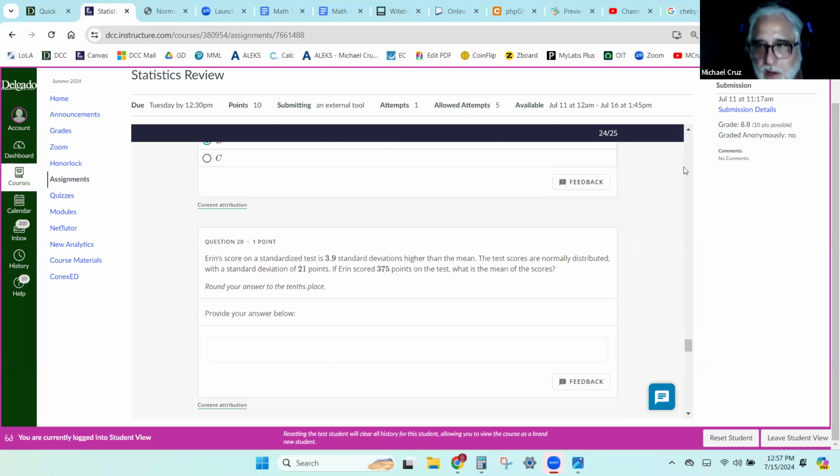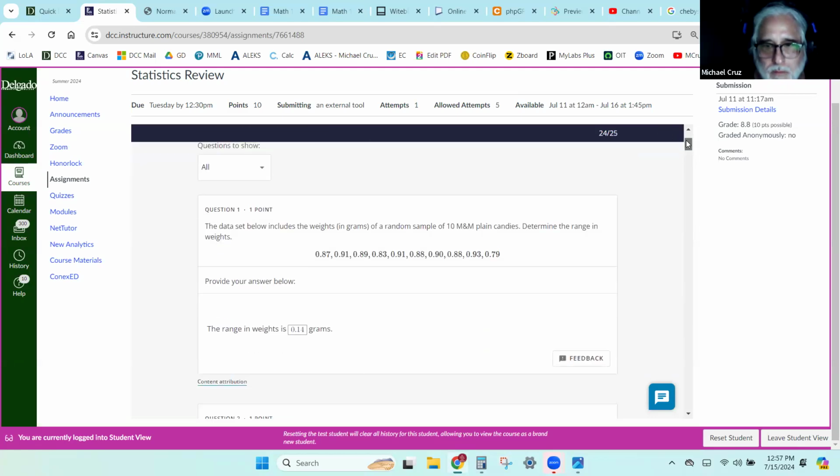But I'll go back to the top on this. The range is simply the lowest subtracted from the highest. So there's the high and that's the low. So subtracting should be 0.14.